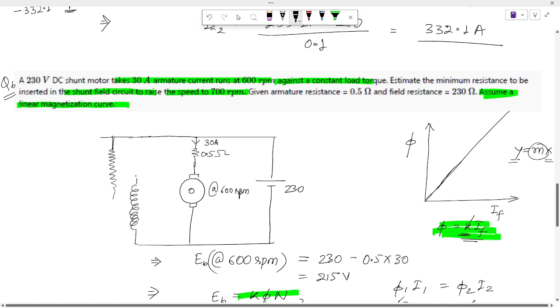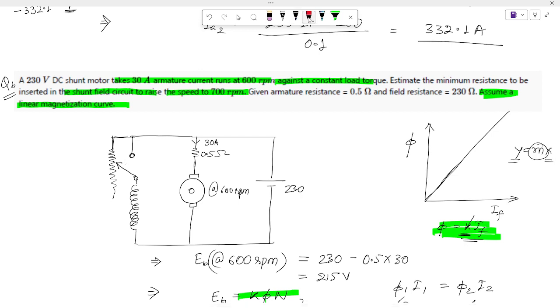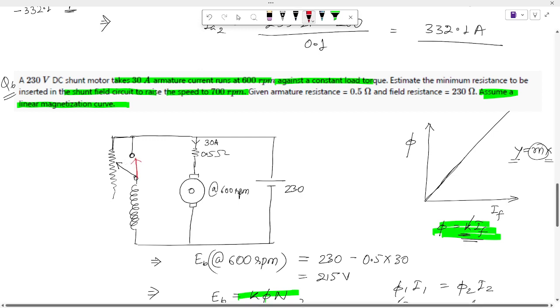This will be the circuit when there will be some variable resistance. Initial position was this way, the arrow was there without any external resistance. This is some R external.